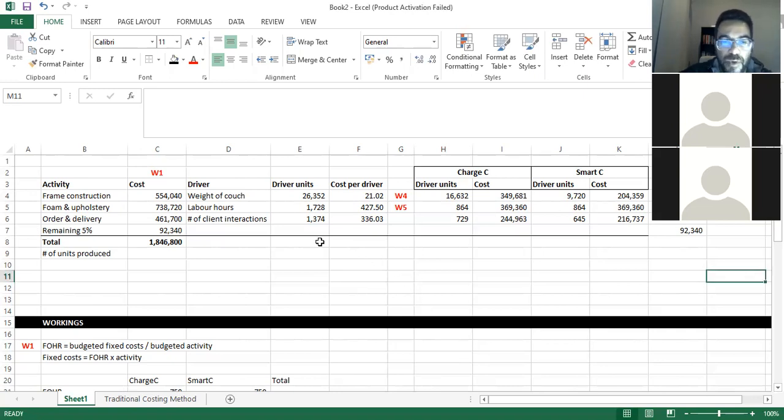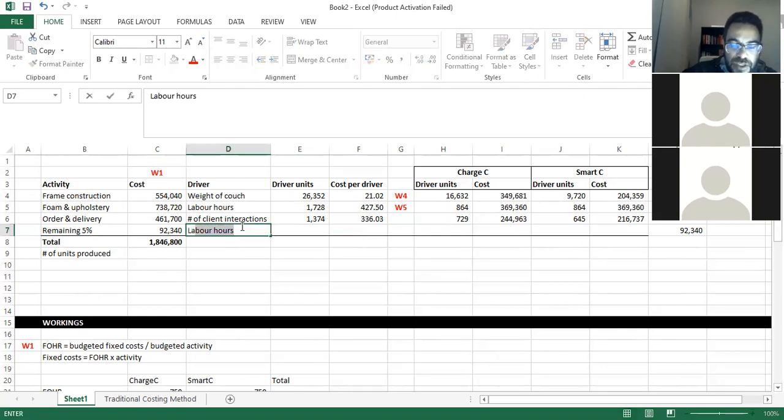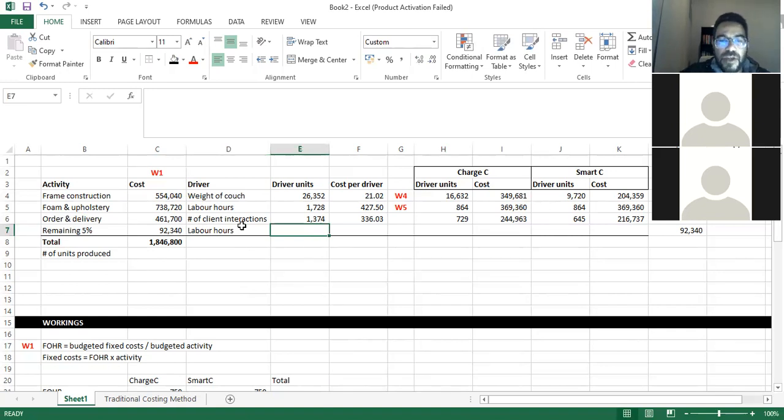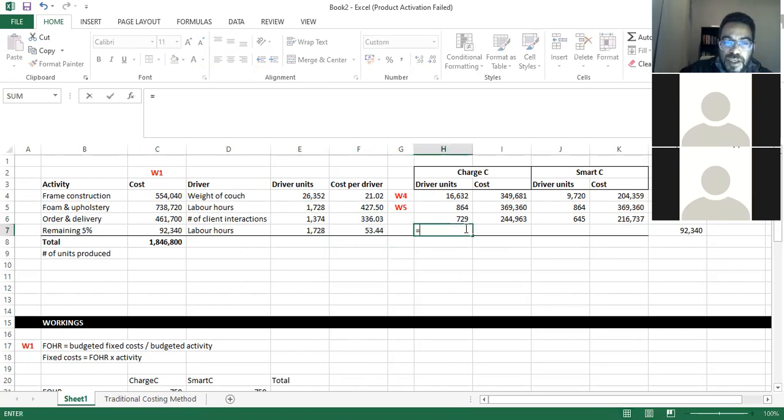Okay, so what we will do, I'll just use labor hours. Why are we going to say labor hours? Because we have to assume the traditional costing method. So by using the traditional costing method, the labor hours, we can just assume it's going to equal to that. If I draw this down, that will just equal whatever the labor hours is.